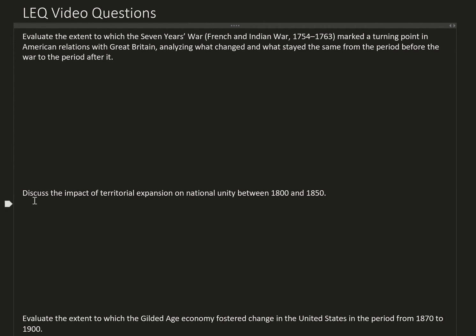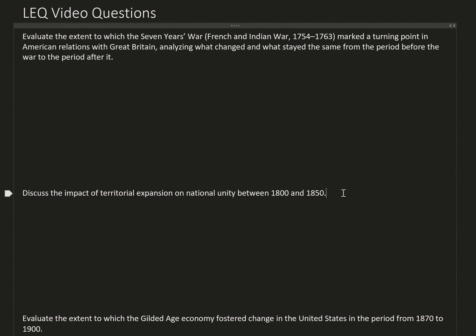And it jumps to you as, all right, well, territorial expansion, nice. That's pretty easy. I know how to answer that. But we need to make sure that we are constructing a clear argument with this.